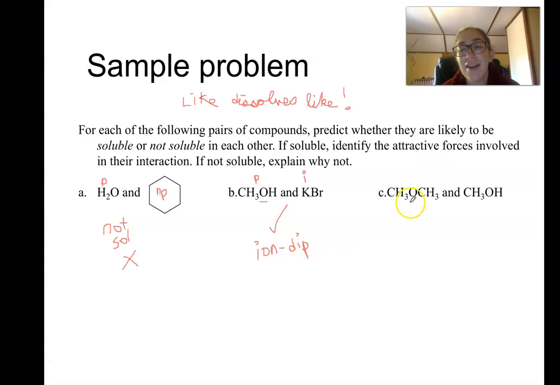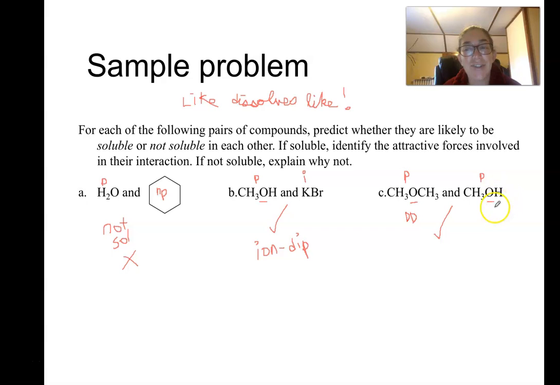And then lastly, we've got two molecules here. This one has an oxygen, which tells me it's polar, and this one has an oxygen also, which tells me it is polar. Two polar things are alike. They are soluble because like dissolves like, and they are both polar. In this case, this molecule has an oxygen. It's not bonded to any hydrogens, so it has dipole-dipole as its strongest attractive force. And this one has an OH.